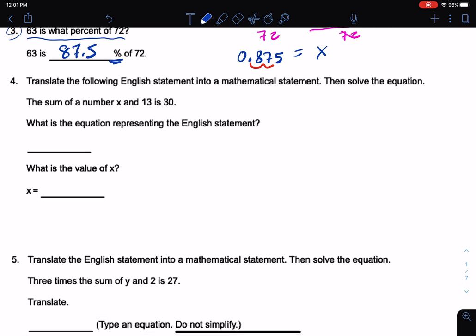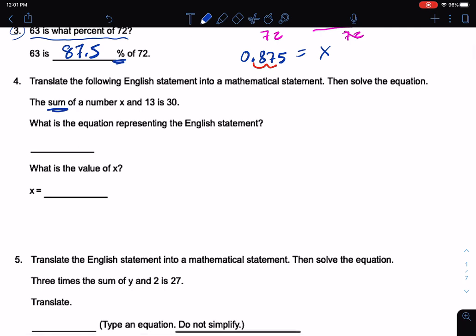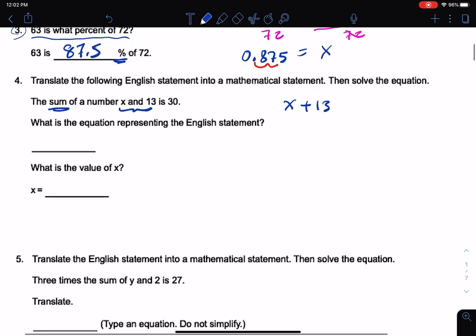Translate the following English statement into a mathematical statement and solve it. So we have the sum, and we know the sum is an answer to an addition problem, and that addition problem would follow right here. So if they want the sum of a number x and 13, that would be addition. You can't just assume that when you see an "and," you always put a plus.